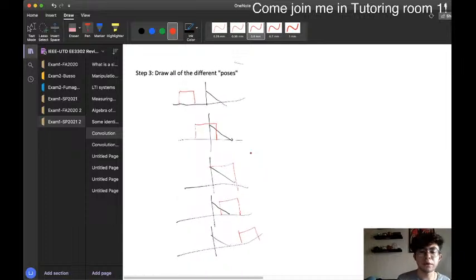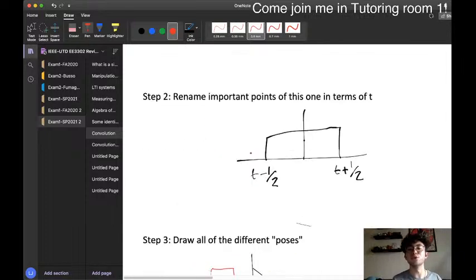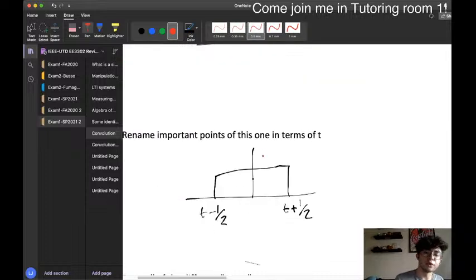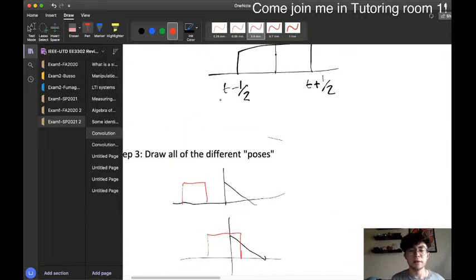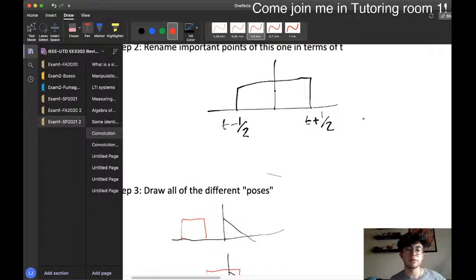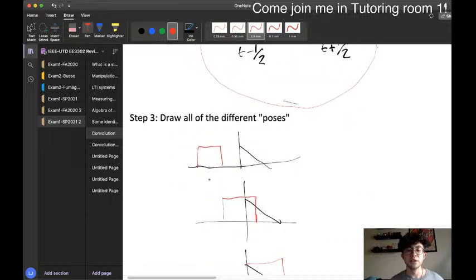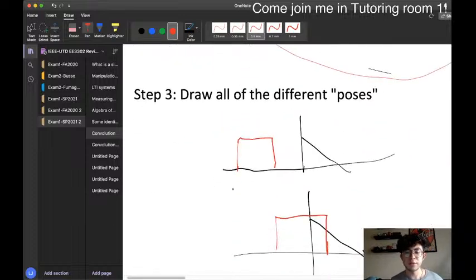And now, an important part of this method is to keep track of our endpoints. So we need to relabel all of these axes. Remember that our shifted function is now renamed in terms of t. So we're going to write in t minus 1/2, t plus 1/2.